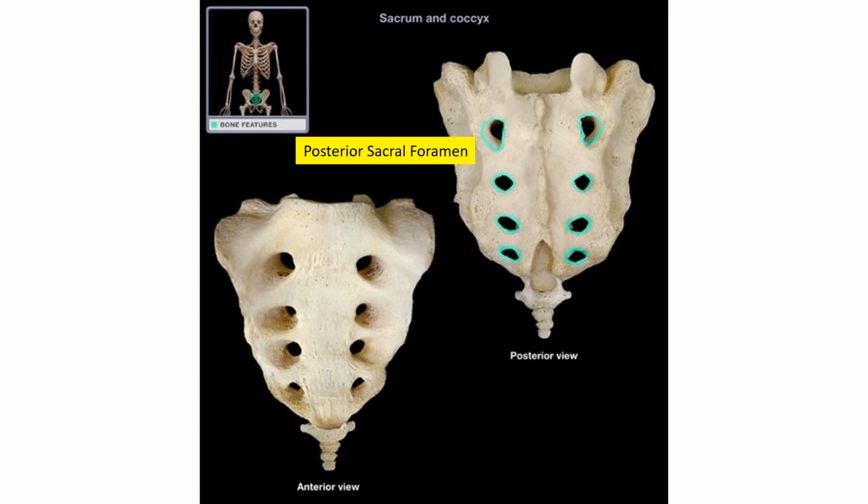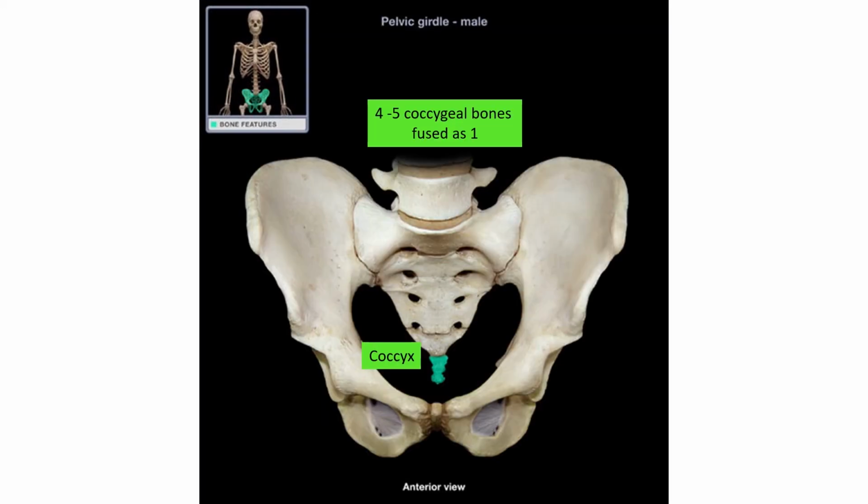The vertebral canal in all vertebrae have spinal cord, but lower down, lower than L2, the spinal cord ends, and we have spinal nerves that need to come out to the peripheral part of the body, and the sacrum has foramina for these nerves, and they are called posterior sacral foramina.